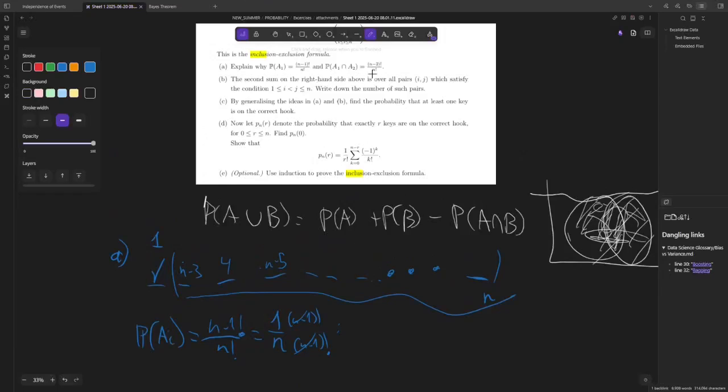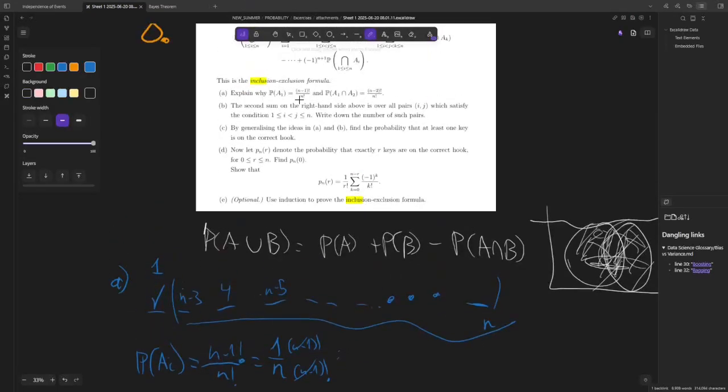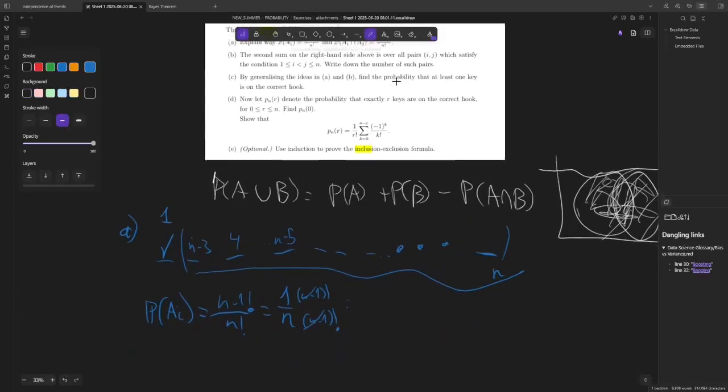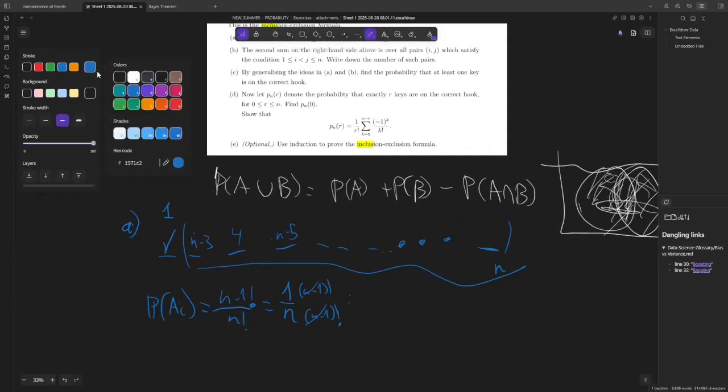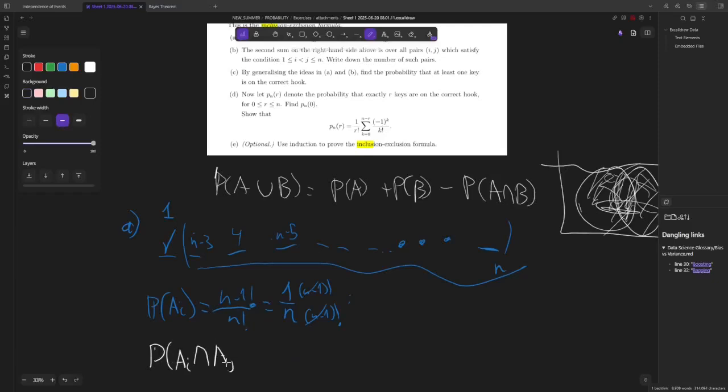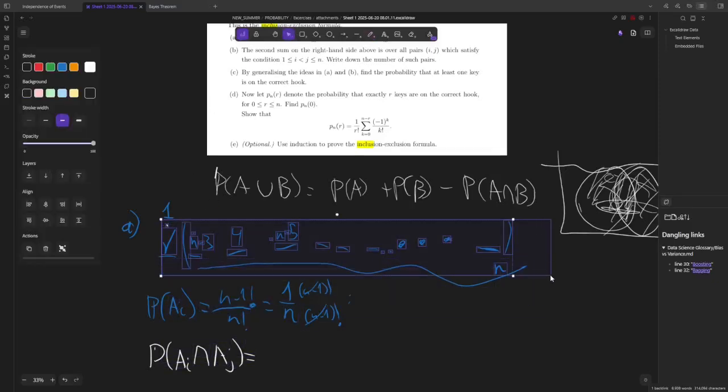Now, why would the joint of two keys give n minus 2 factorial? Well, it follows the same reasoning. If you have A_i and A_j, then you have two keys fixed. Let's copy it here.